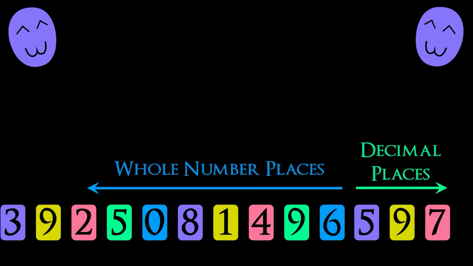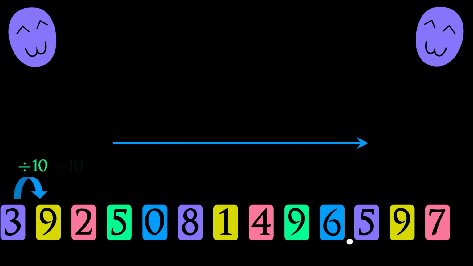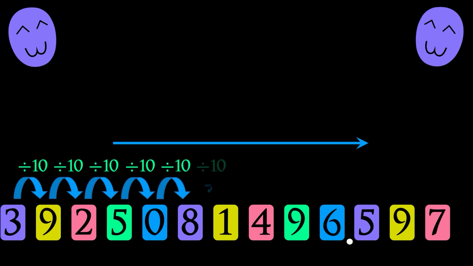In order to differentiate the decimal places from the whole number places, we use a symbol called the decimal point as a point of reference to show which places are the whole number places and which places are the decimal places. The decimal point is added just to the right of the ones place, and it looks just like a period.